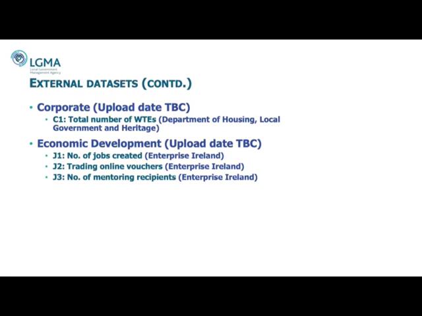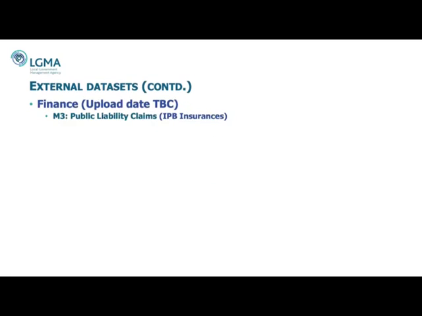number of mentoring recipients. All of that data is provided by Enterprise Ireland, and the upload date for this indicator is yet to be confirmed. The final external dataset is for the finance indicator, in particular the sub-indicator M3, public liability claims.